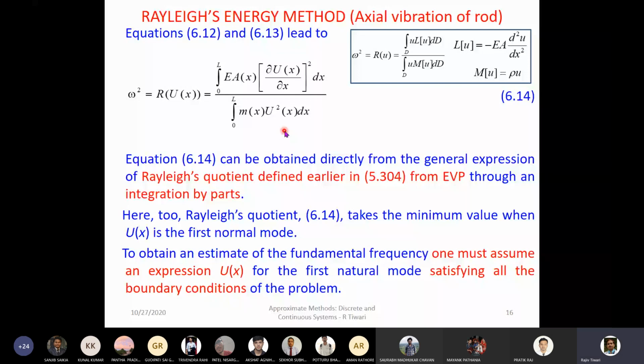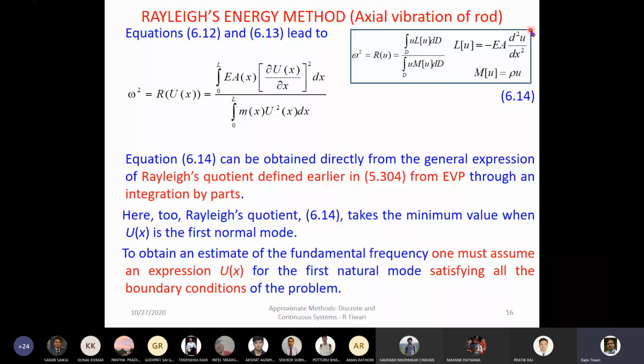If we would like to compare this Rayleigh's quotient in the energy form with the previous expression which we discussed in the last class, in which the eigenvalue problem was the starting point, here we are using U, L operator U, where the L operator for the axial vibration is the double differentiation with respect to x.